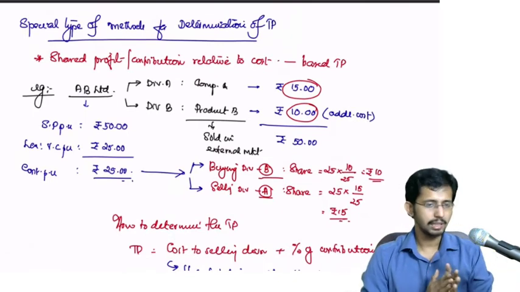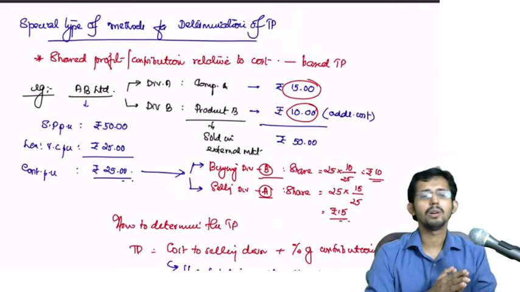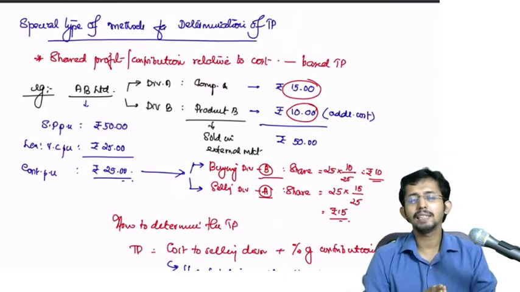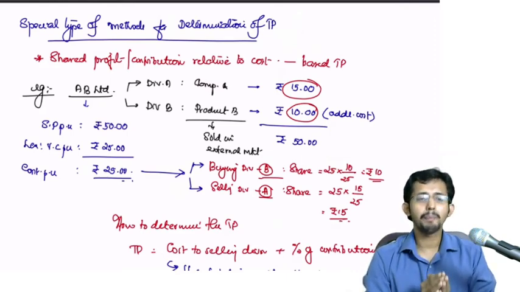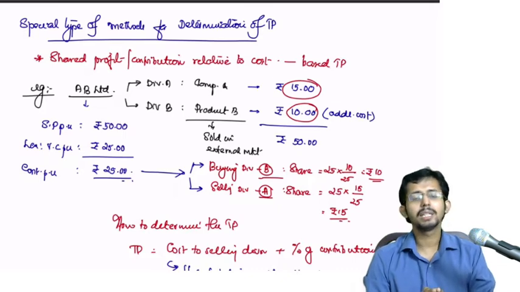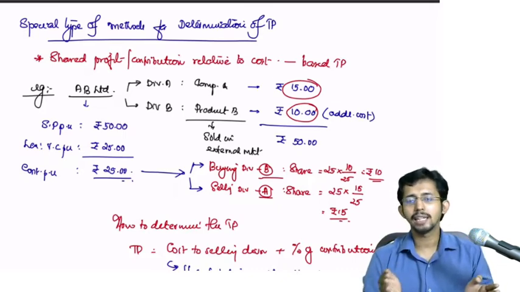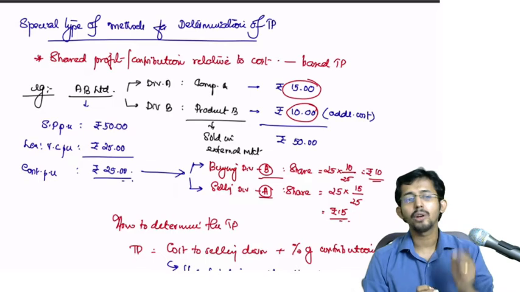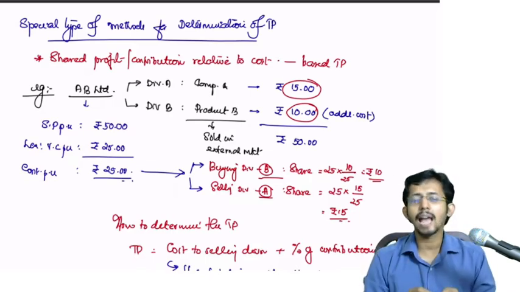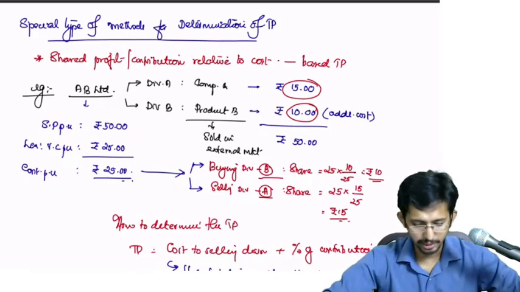In this method, the total profit or contribution earned by the entity will be apportioned or allocated between the buying division and selling division on the basis of cost incurred by each of these divisions, and based on that the transfer price will be determined.